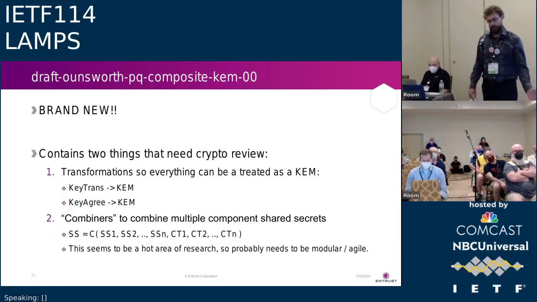You've got some number of shared secrets and some number of ciphertexts, and you want to somehow roll them into one shared secret. There seem to be a lot of different proposals for how to do that with terrifying complexity. So, yeah, that's a bit scary in that it's not clear how to do that.